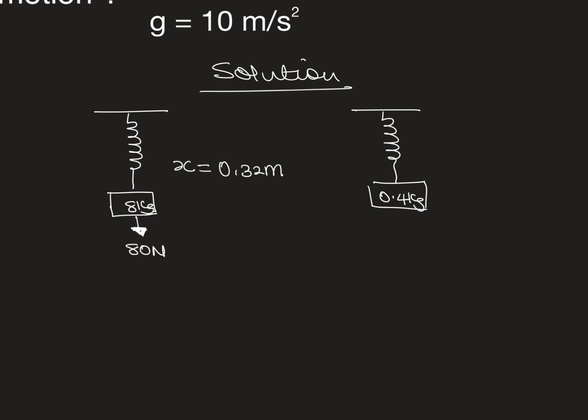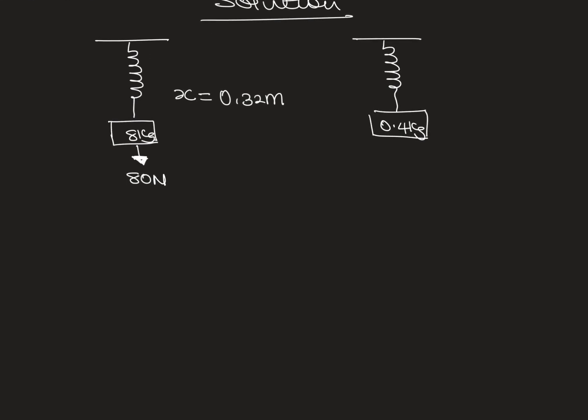The first information can give us the spring constant, which is also called the force constant if you like. So first, F is equal to mass times gravity. The mass is 8 kilograms multiplied by gravity, which is 10.